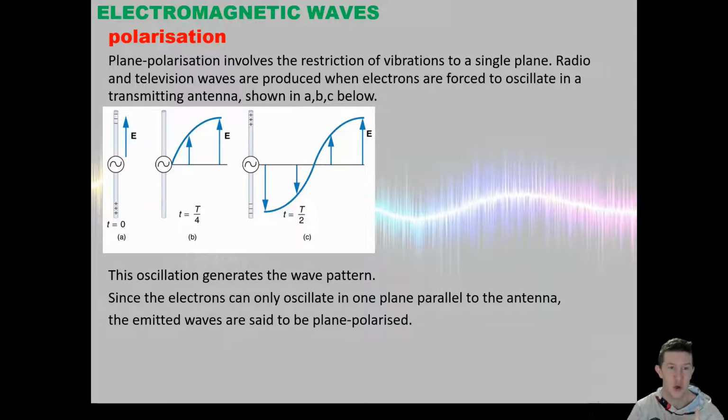So if we have our single rod that's shown in this picture and it's forced to oscillate up and down, that's going to create an electric field that is up and down as it moves. And as time travels and the thing oscillates up and down, we create a wave pattern, and this is where we get our plane polarized electric field component. So that's how we're creating a signal, by moving an electron through the rod.